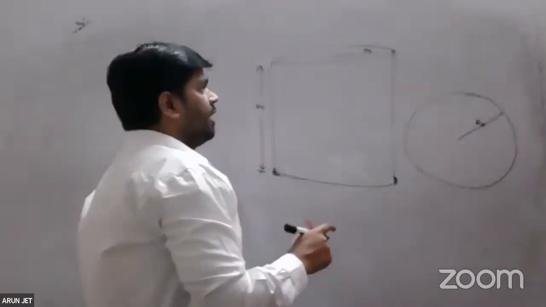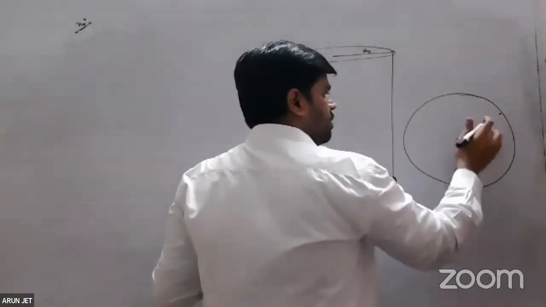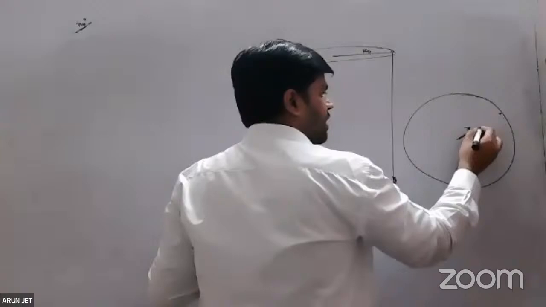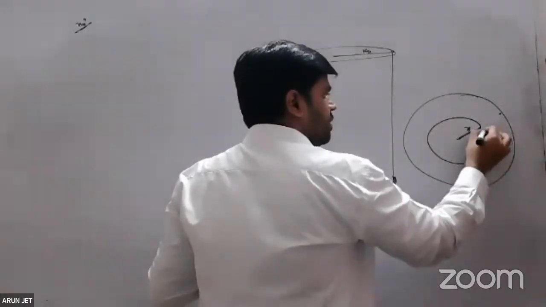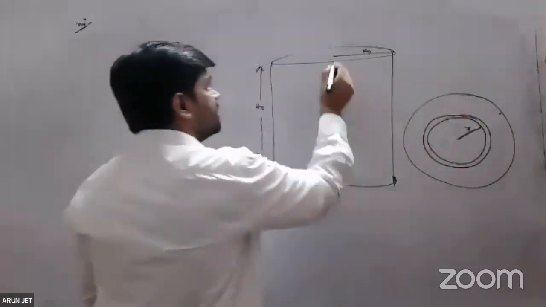Now what I do, at a distance of x, I consider a thin sheet of width dx.